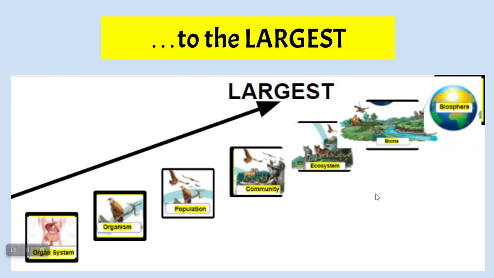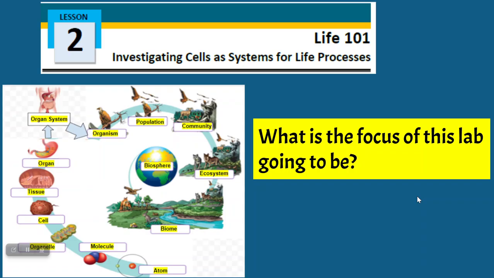And when we've been looking at big things, ecosystems, biomes, biospheres, now we're going to start looking at the small things, okay? And in fact, you can see investigating cells as systems for life processes. We're going to be investigating cells for sure. And here again, this is a listing of all of those different cards that we sorted in the classroom in their order from smallest all the way to largest.